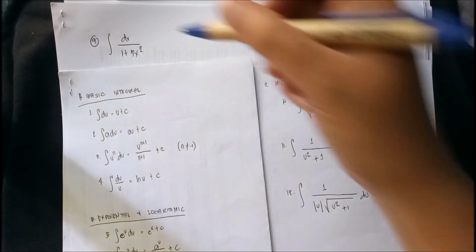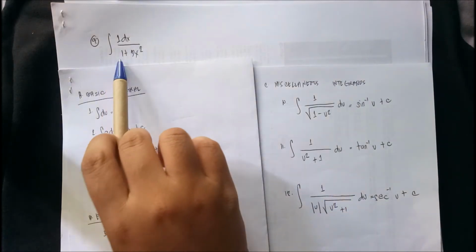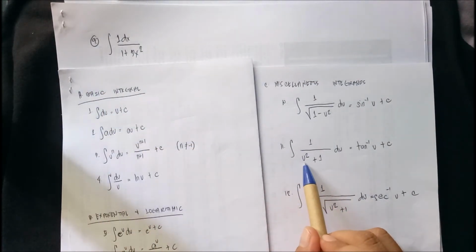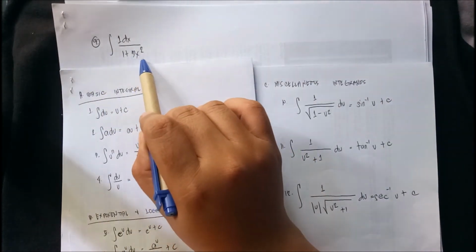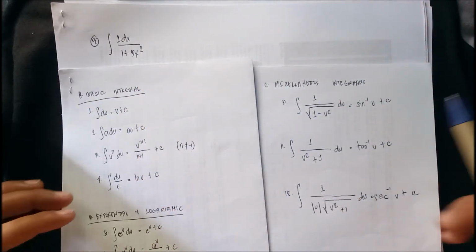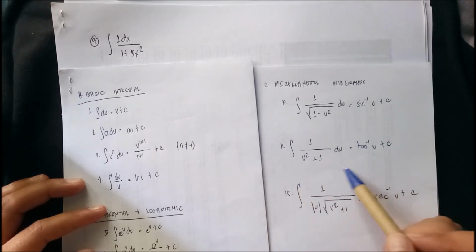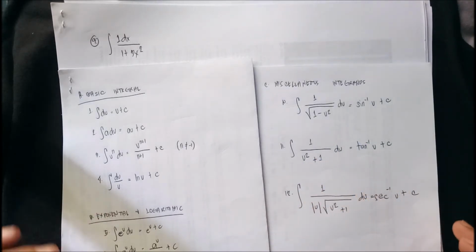More or less, class, diba? Pwede din namang lagyan siya ng 1 dyan. Pasok. Yung 1, pasok. Next, yung u square natin, pwede siyang this one. Diba? So, more or less, baka ito siya. Tingnan natin kung kaya natin siyang i-manipulate such that yung magiging itsura niya is ganito, para pwede natin isulat na yung integral niya ay tangent to the negative 1 or arctangent u plus c.